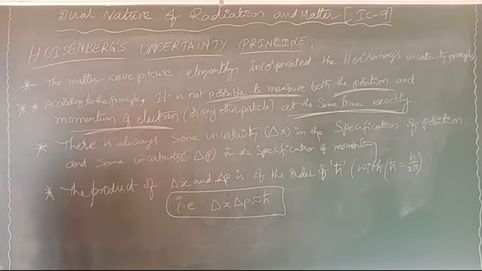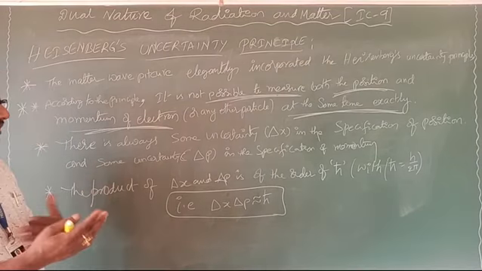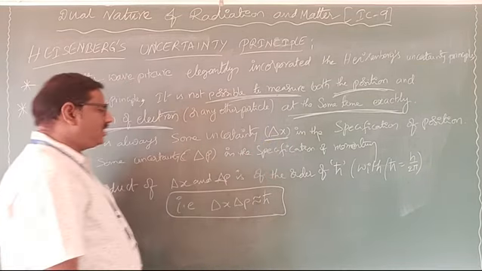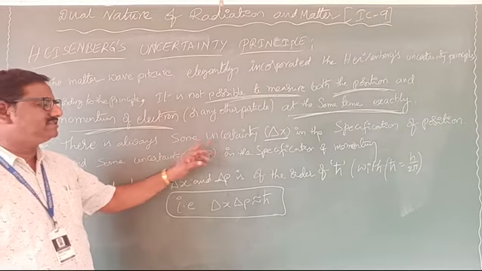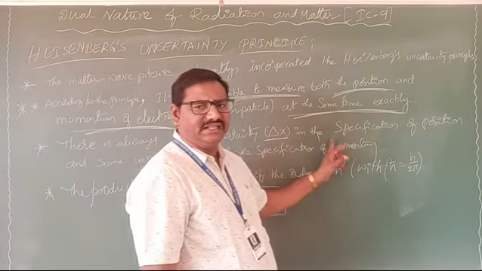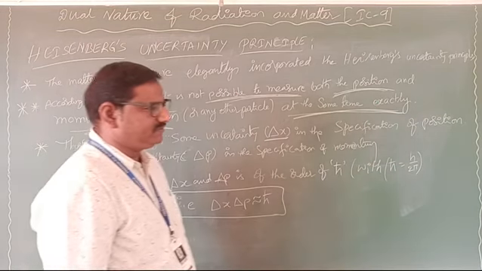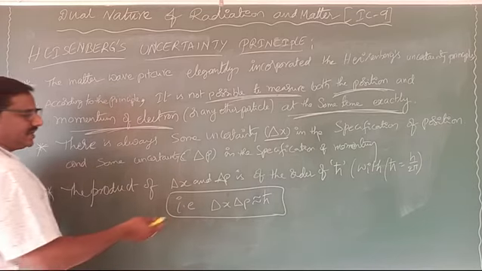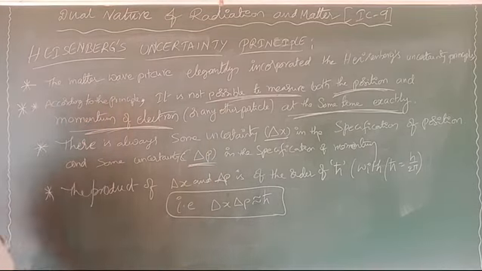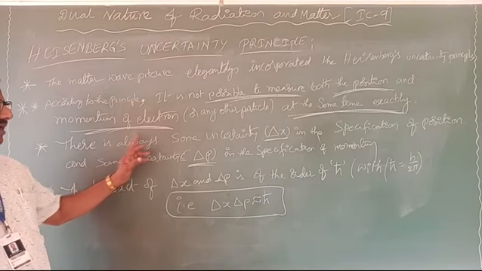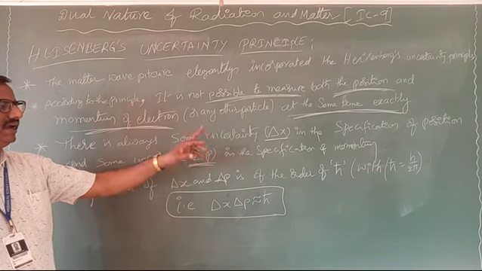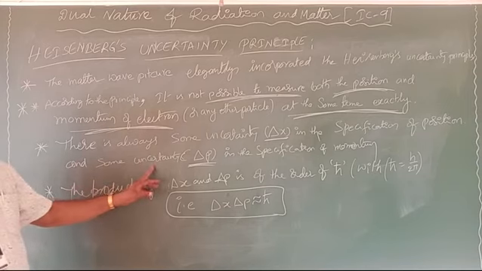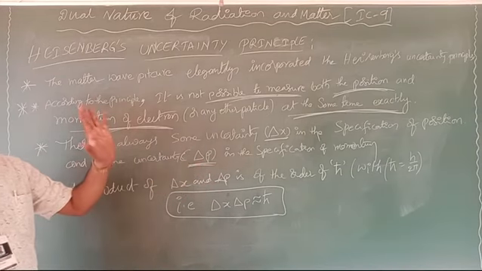If we want to take a position, a little uncertainty we can represent as delta x. There is always some uncertainty delta x in the specification of position, and similarly some uncertainty delta p in the specification of momentum.